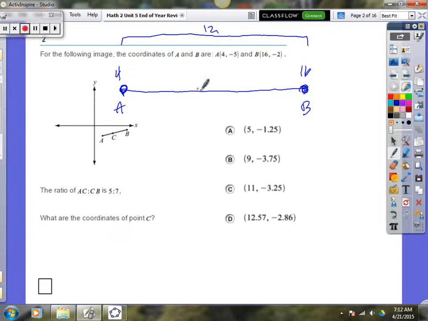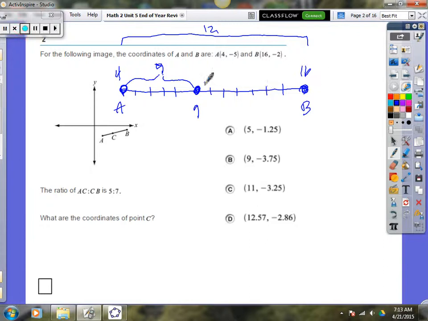Now if I put C right here, and I go 5 units from A, so 4, 5, 6, 7, 8, 9, that's 5 units from here to here. This is number 9, and then 10, 11, 12, 13, 14, 15.